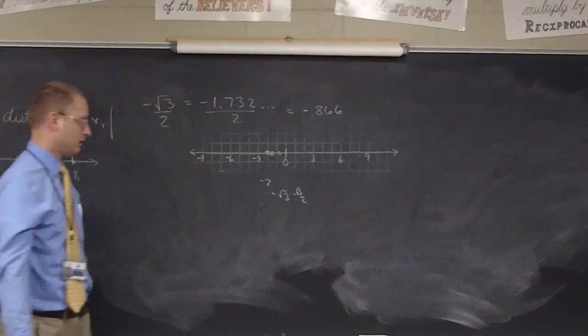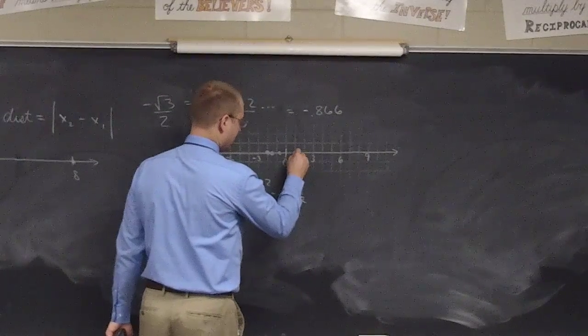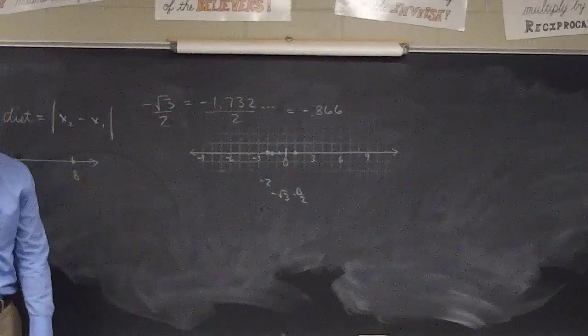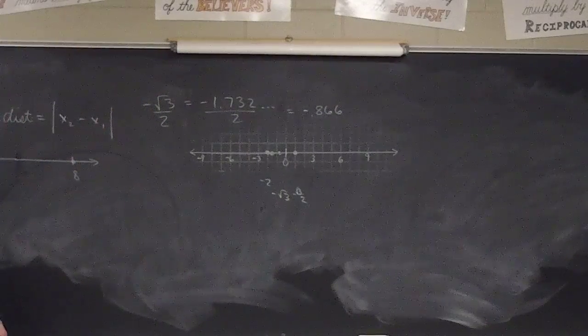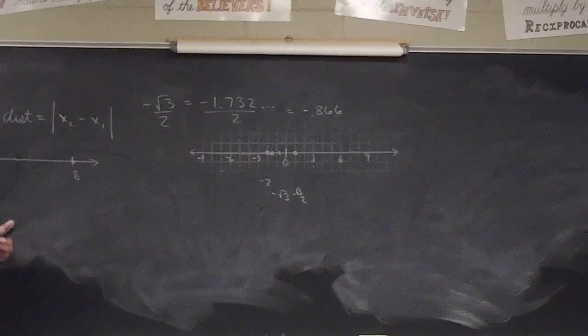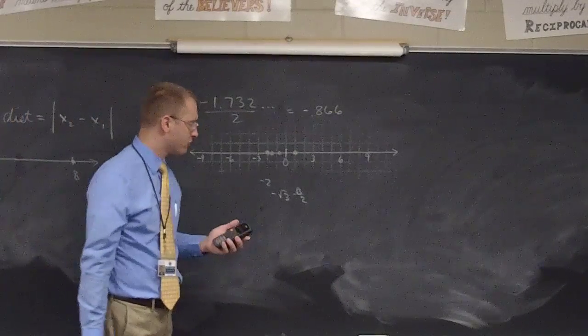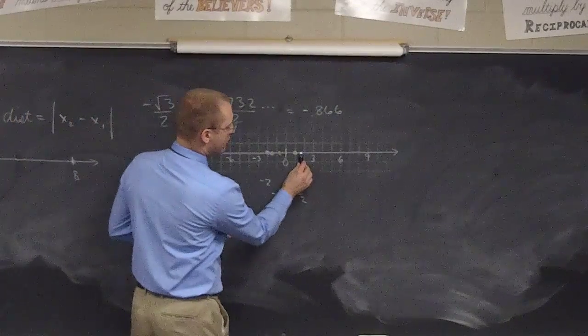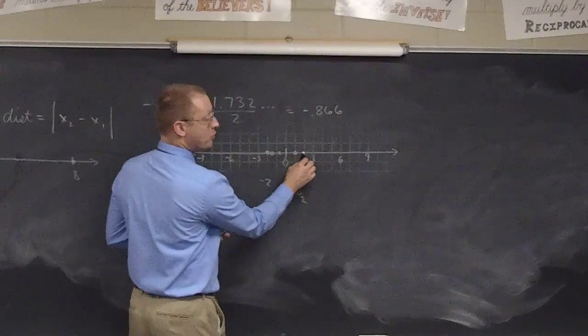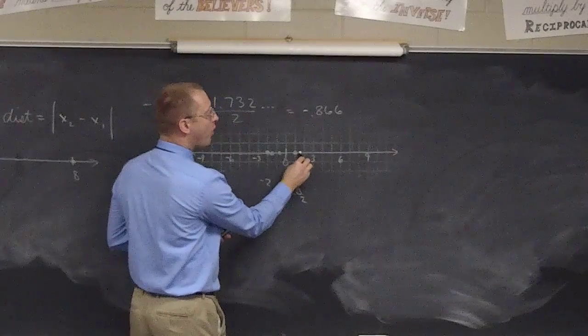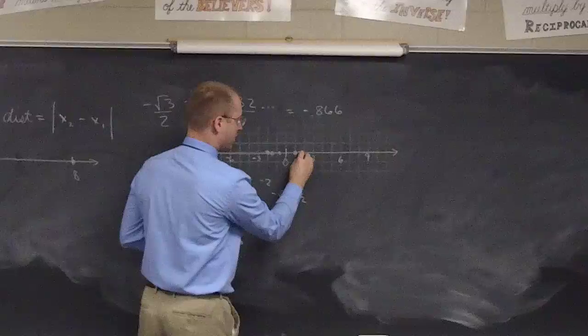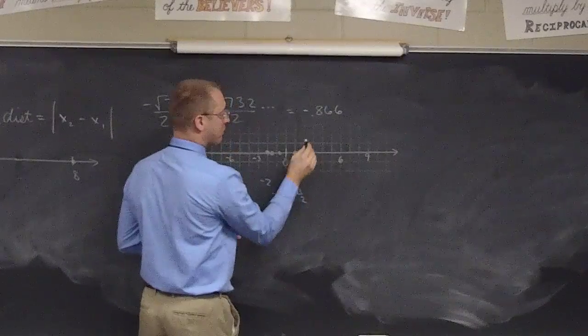Then they want us to plot 1. Don't blow this one. Did you all get the 1 in the correct place? Roughly. Yeah. All right, well, square root of 2. Calculator. It's the square root of 2. 1.4142. All right, so picture where halfway between would be. Not quite halfway between, because that'd be 1.5.